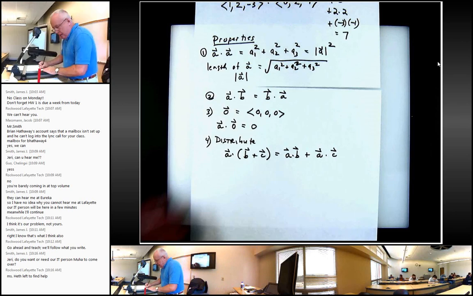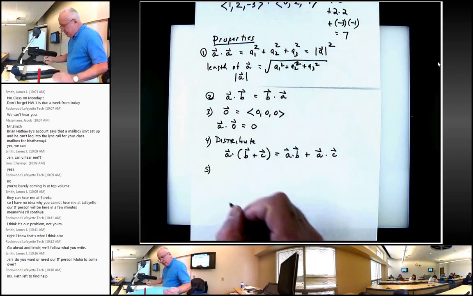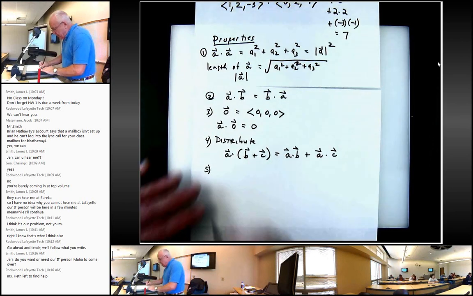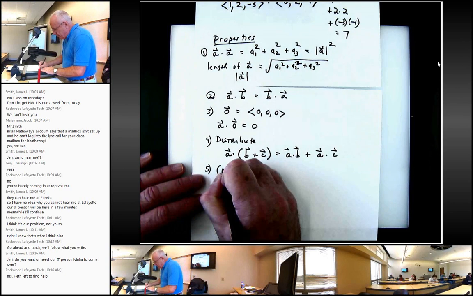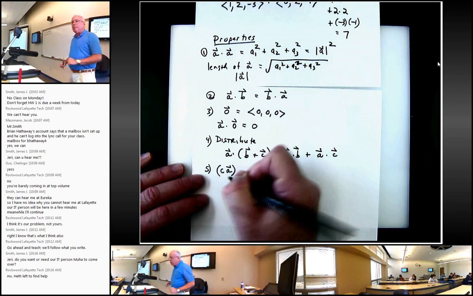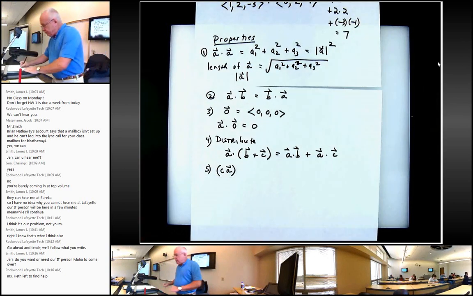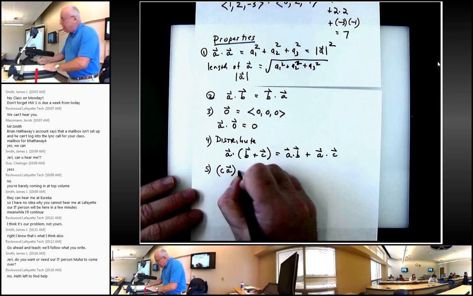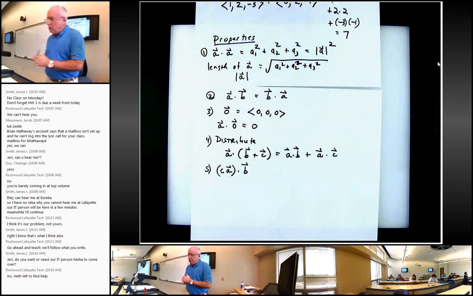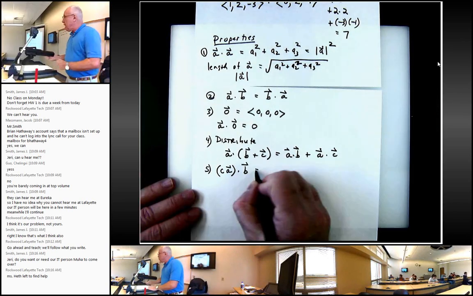And then the last thing I want to mention right now is this. If we take a vector and multiply it by a number, a scalar, and dot that with another vector, well, you can just work it out mathematically.